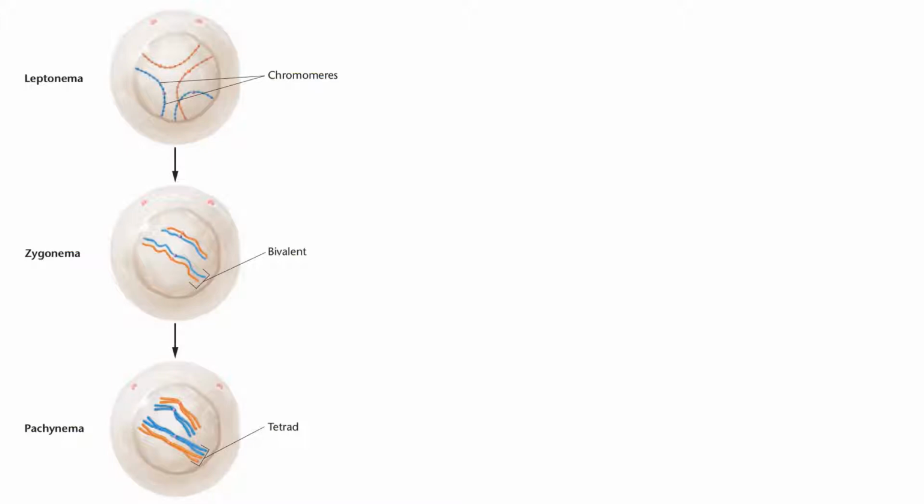Meaning to say, a chromosome of similar position of centromere and similar loci of genes from the father will pair with a chromosome of similar position of centromere and loci of genes but from the mother. So that's what we see here between the blue and red chromosomes pairing up, forming a bivalent. This is now the zygonema stage.